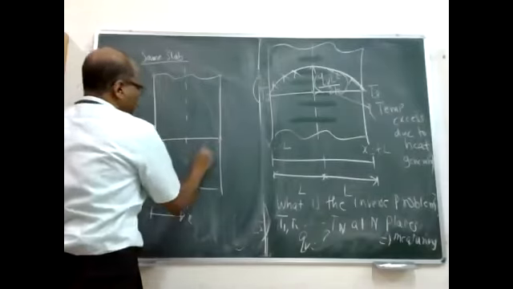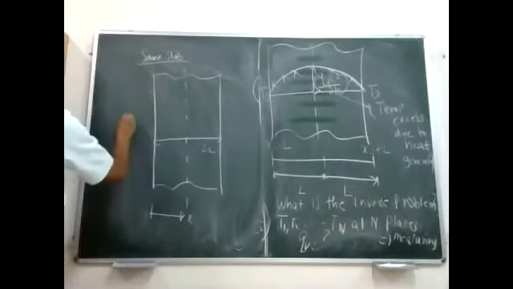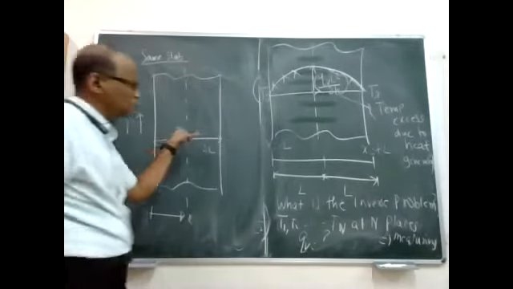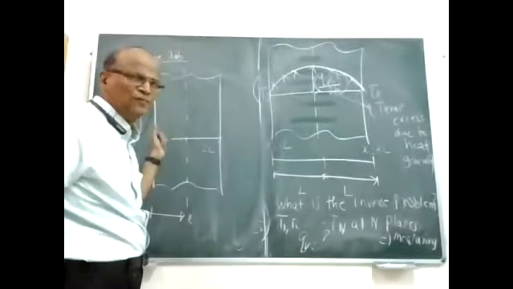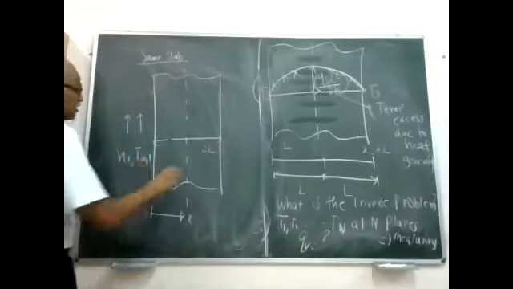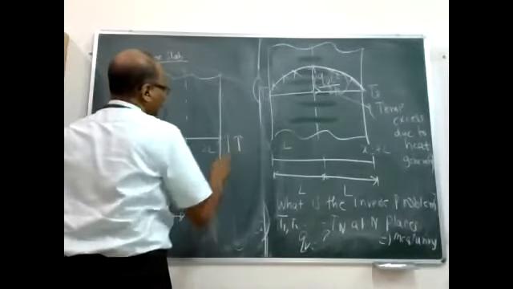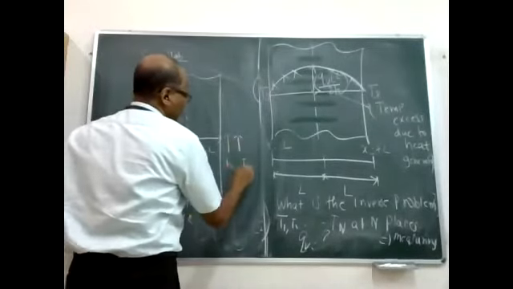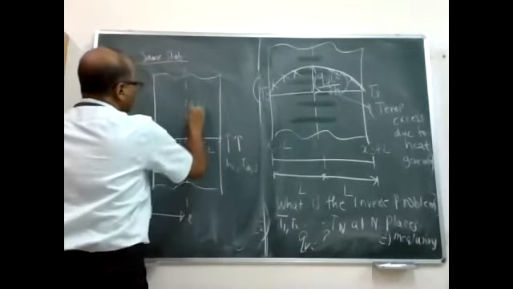I forget about the symmetry for the time being. Now there is a fluid, so this could be a heat exchanger, some metallic wall separating two fluids. Let us say this is H1, T infinity 1, one fluid flowing like this, and this is H2, T infinity 2. There is a QV which is not known.